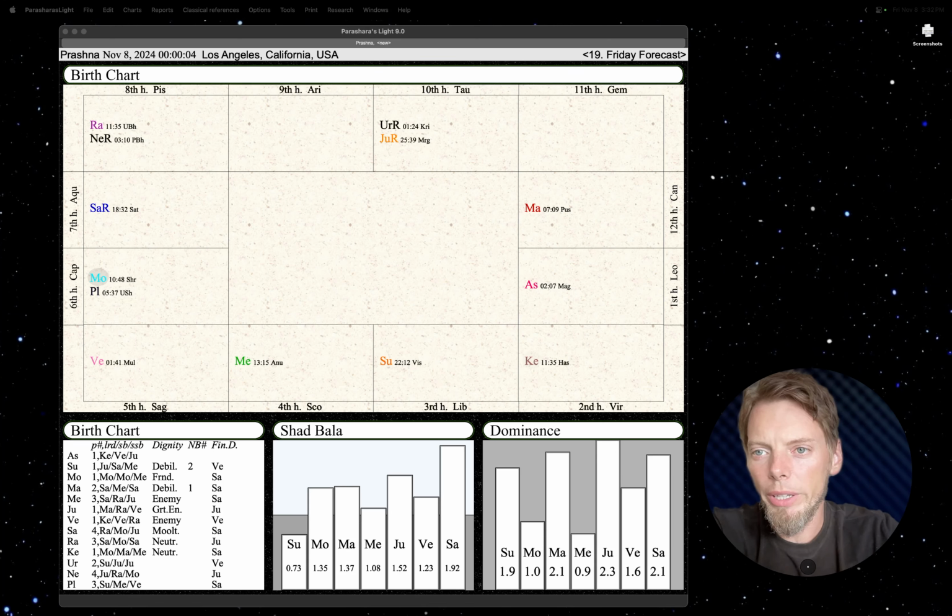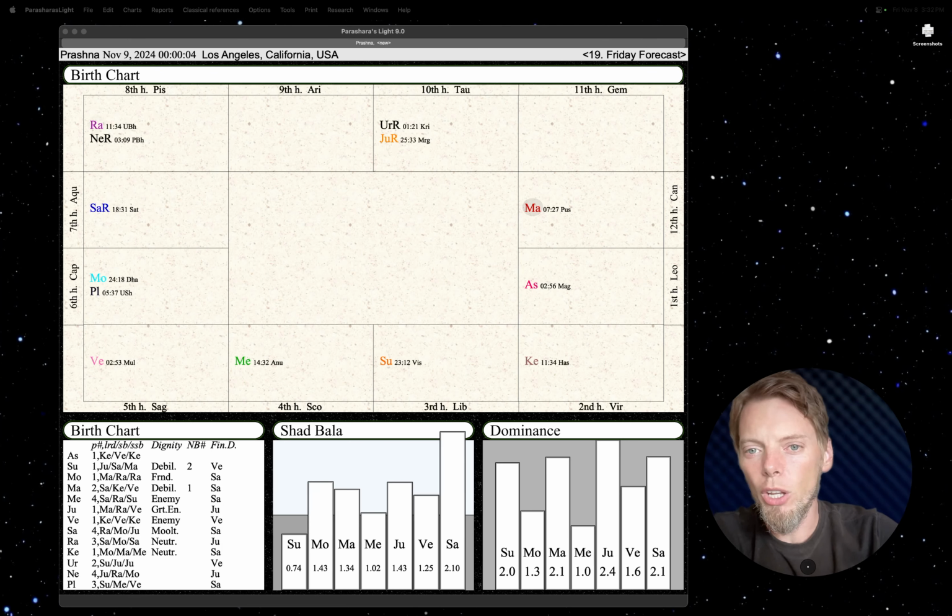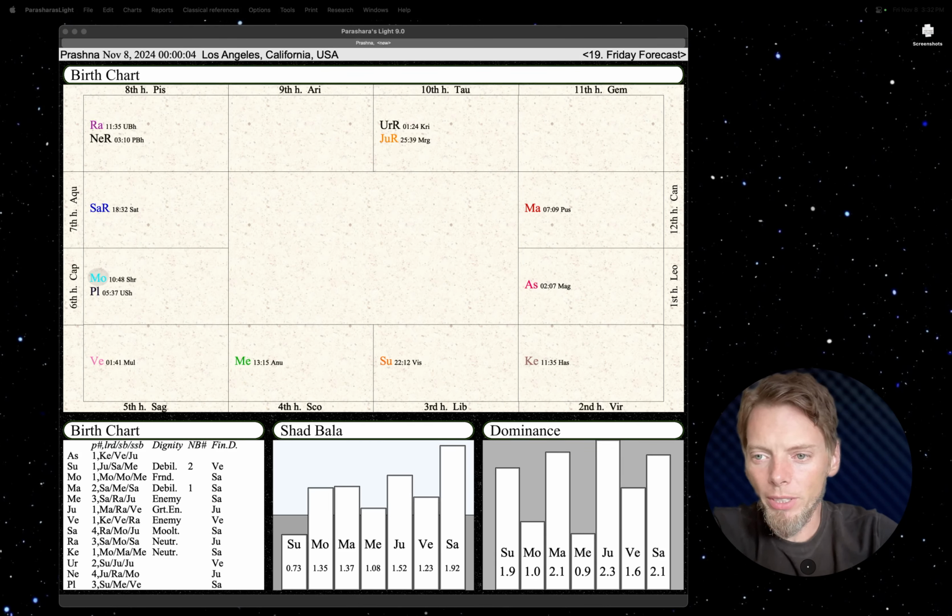And that's November 8th, 2024 at midnight. So we look at where all the planets are in the chart and we go one day forward to November 9th, 2024, back to November 8th, forward to November 9th. So we see throughout the whole day of November 8th, no planet changes signs. So if somebody is born on November 8th, they are definitely a moon in Capricorn.